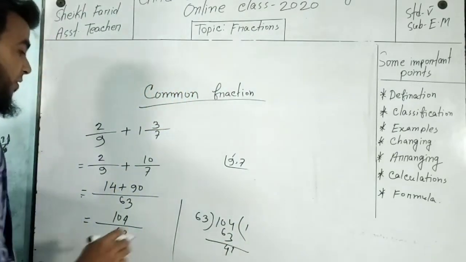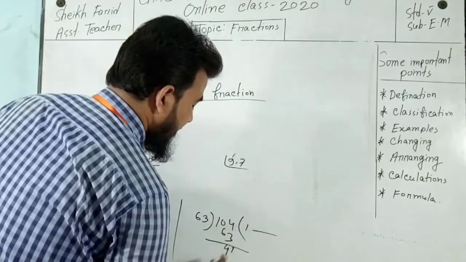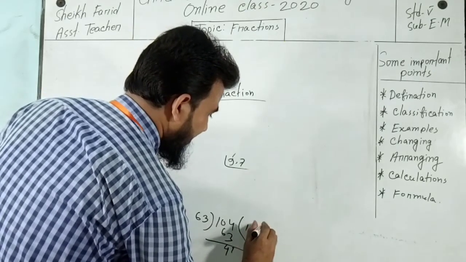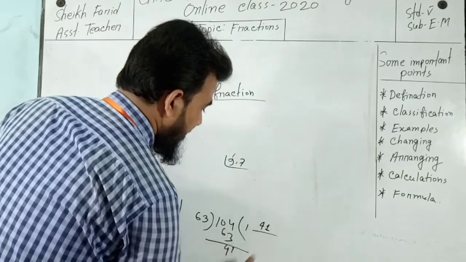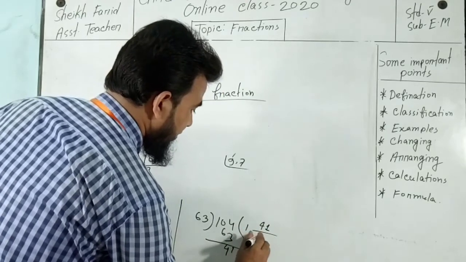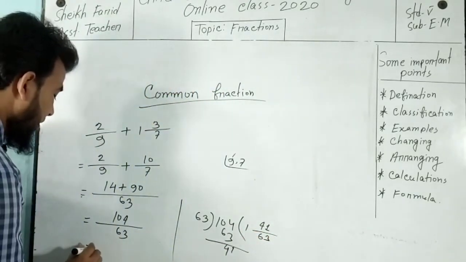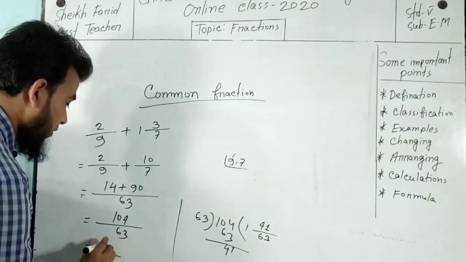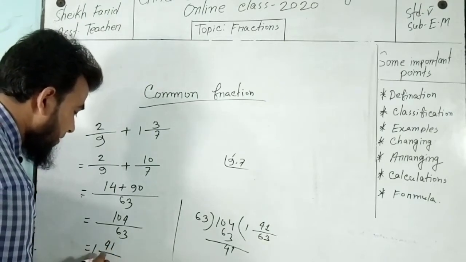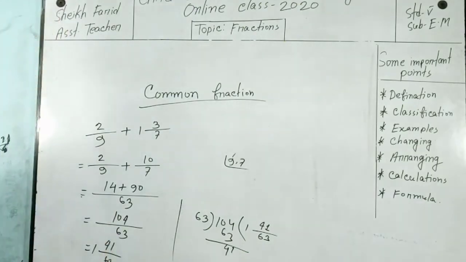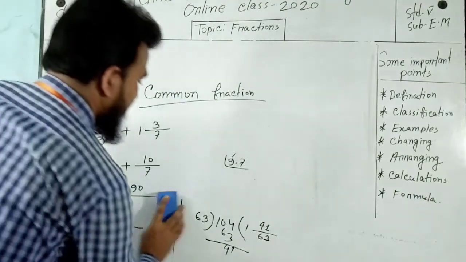Now if we make a mixed fraction, 41 will go in the place of the numerator, and 63 will go in the place of the denominator. So what will it be? 1 integer 41 by 63. So this way we can get the result of calculations of fractions.